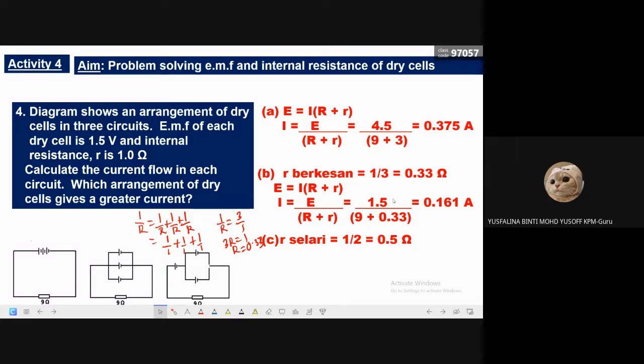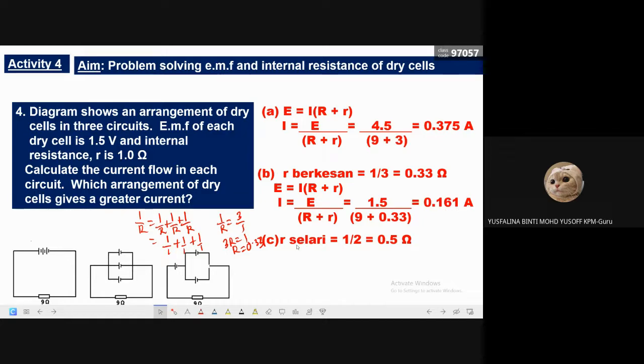But for the previous one, E is 4.5 because it's series, and in series you need to add all the voltages, 1.5 plus 1.5 plus 1.5. For parallel, the voltage is the same, so 1.5 equals 9 plus 0.33, which I got from here. Then you just calculate, and you get 0.161.